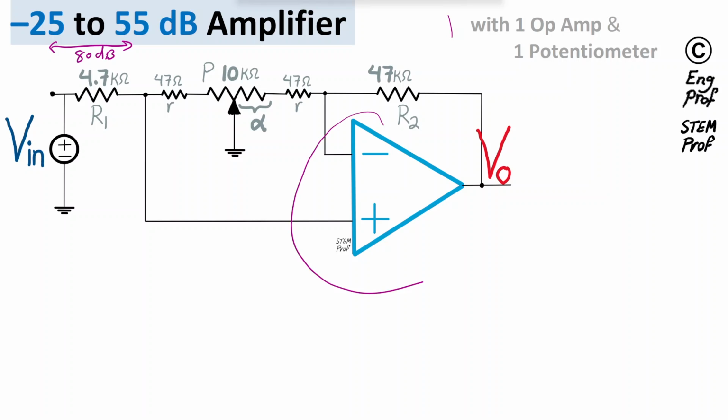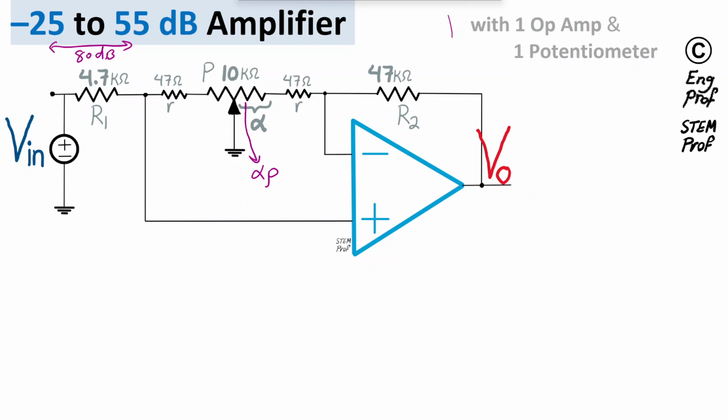So aside from the op-amp, we have one adjustable variable resistor that can be an analog potentiometer, digital potentiometer, or RDAC. For this one, the value P of the potentiometer is nominally 10 kilo ohm, which depends on design and can be adjusted. The wiper of the potentiometer is connected to ground, and alpha on one side means that the resistor between the wiper and this node has value alpha times P. So alpha is just a scaling.